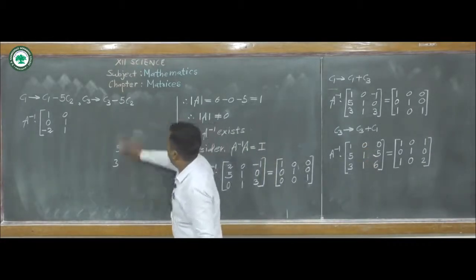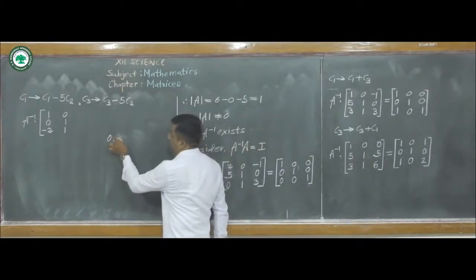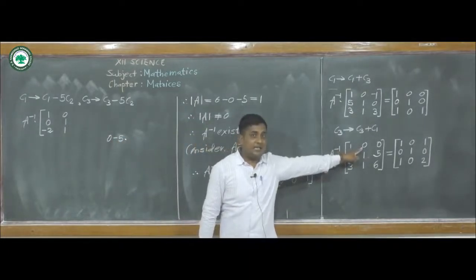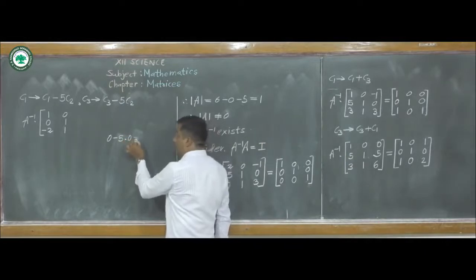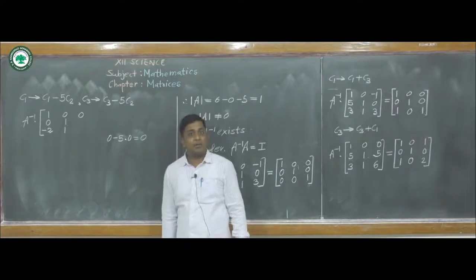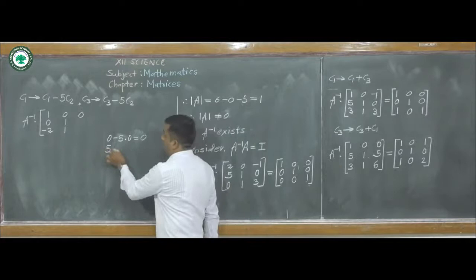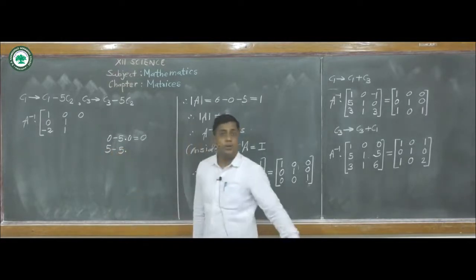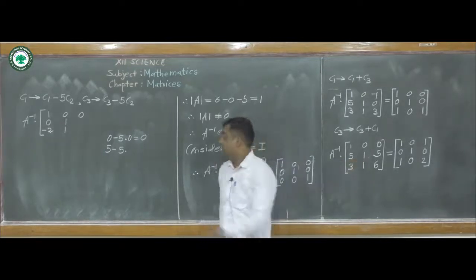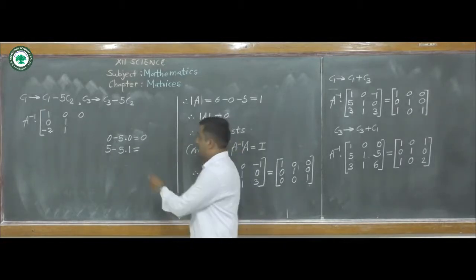Okay. So for column 3, the first element is 0. So 0 minus 5 into the first element from column second, which is 0. So 5 into 0, and we get this 0. Then for the second element, the second element from the third column is 5. So 5 minus 5 into the second element from the column second, which is 1. We know 5 minus 5 is 0.